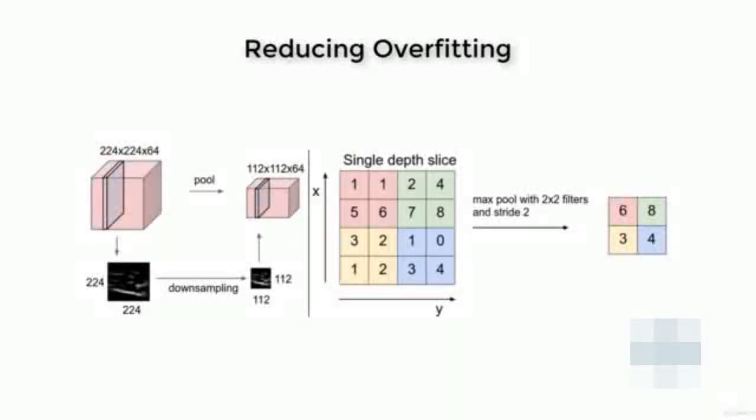The next is reducing overfitting. Additionally, max pooling may also help to reduce overfitting. The intuition for why max pooling works is that for a particular image, our network will be looking to extract some particular features. Maybe it's trying to identify numbers from the MNIST dataset, and so it's looking for edges and curves and circles and such.